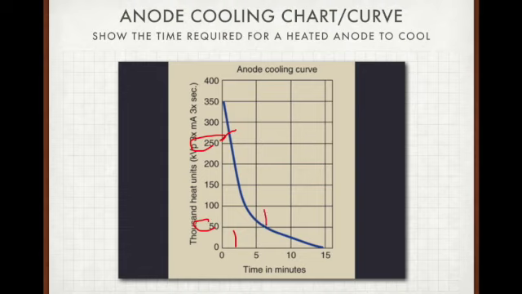And so, there's the line. So that's more about 5 minutes, right? Because we're starting at around 2 and going to 7. So it would take about 5 minutes for it to cool down from 250 to 50, whereas 350 to 50 took more like 7 minutes. So that's the idea with using these charts.